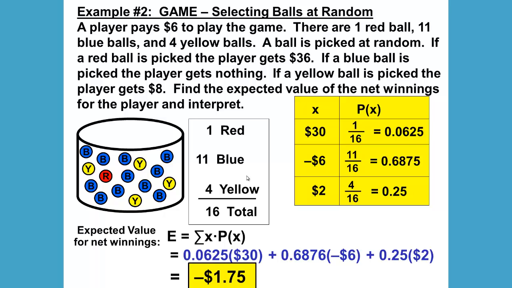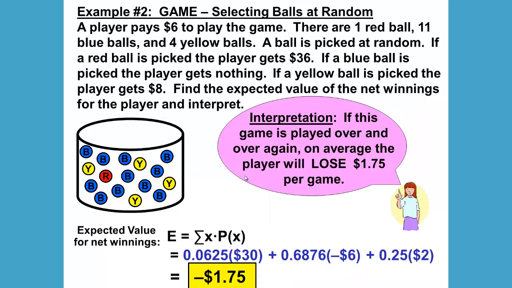You add that up and do the calculations and you get negative 1.75, the expected value for the winnings.